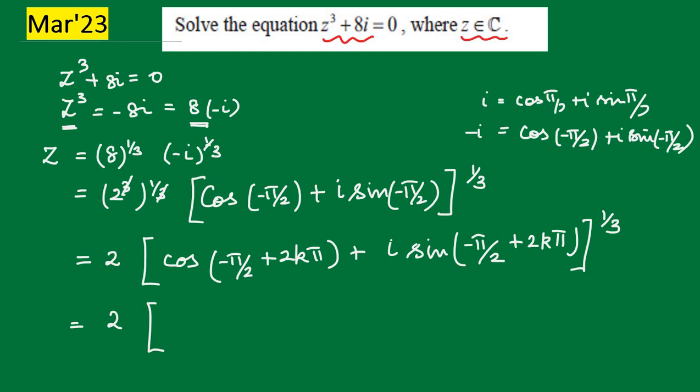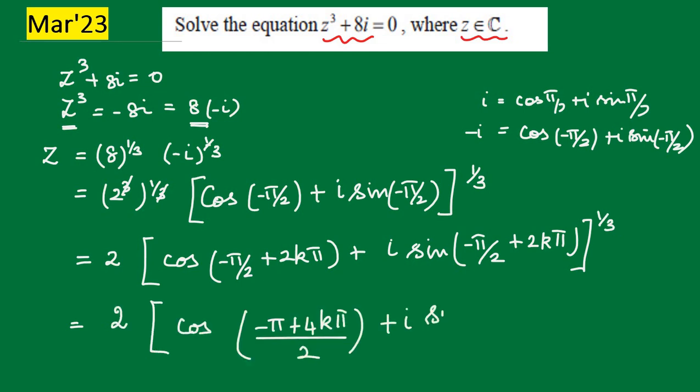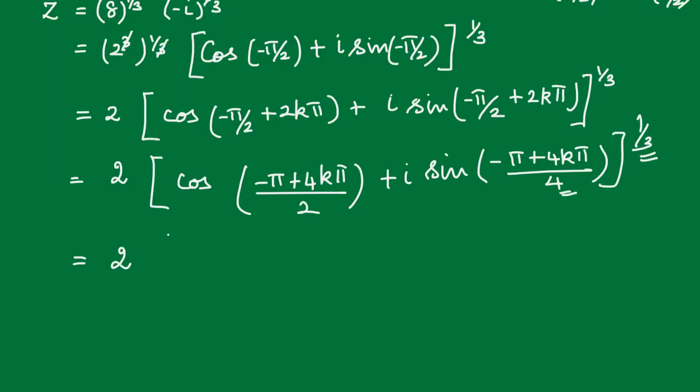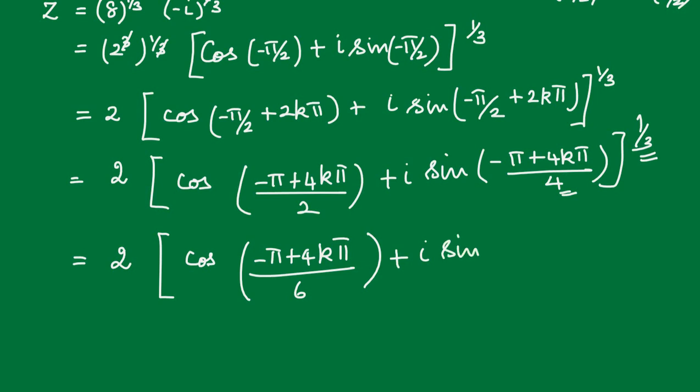Before that, we simplify: minus pi plus 4k pi divided by 2, whole to the power of 1 by 3. So this is 2 into cos of minus pi plus 4k pi into 1 by 3. We bring this 1 by 3 to the argument here. So this is minus pi plus 4k pi divided by 2 into 3, 6, plus i sin of minus pi plus 4k pi divided by 6.